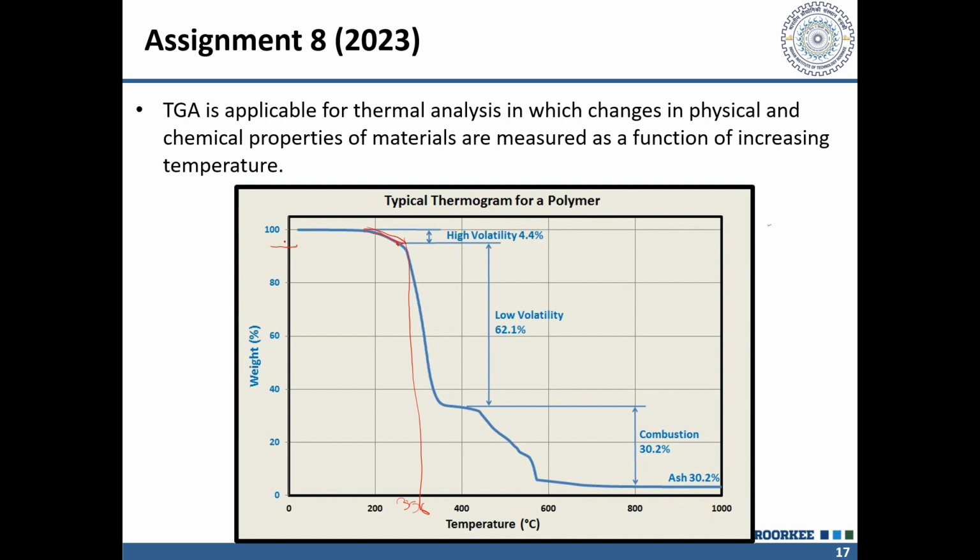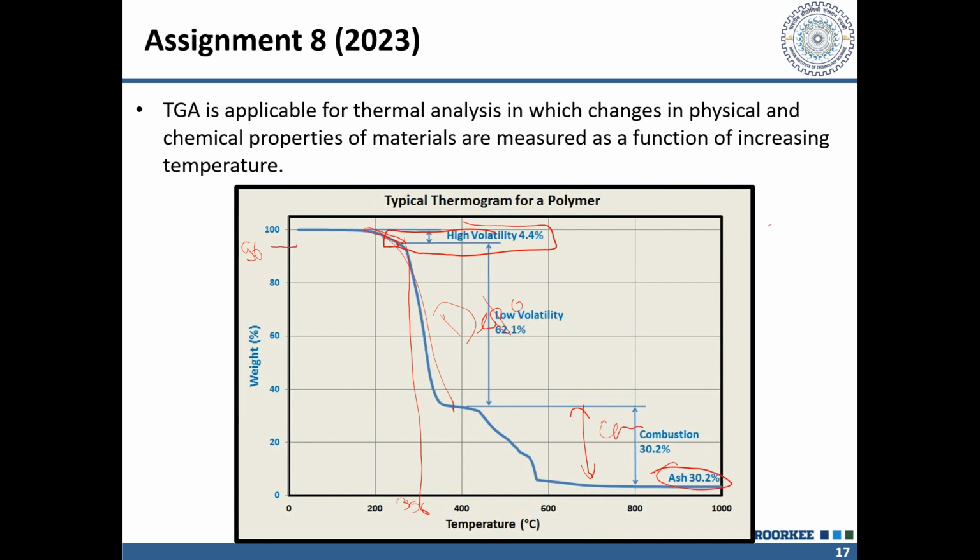This was nearby 96%, therefore the high volatile compounds are 4.4%. Then this steep change might be due to depolymerization, and this might be due to combustion, that finally the polymer has been combusted.